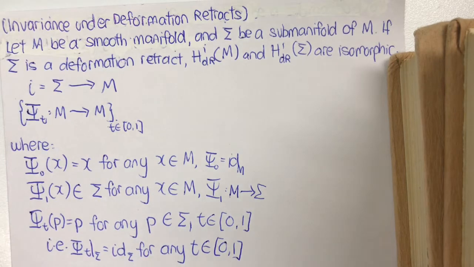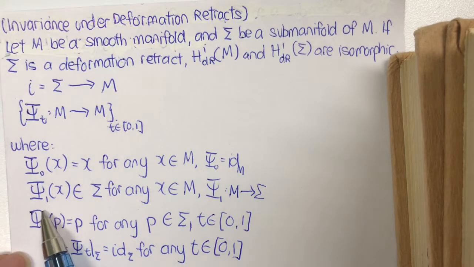If t equals 1, psi is a submersion map which maps an x of M to sigma. And for any t, if p lies on sigma, psi must map the point p to p itself. So psi t, in this case, would be an identity map of sigma.